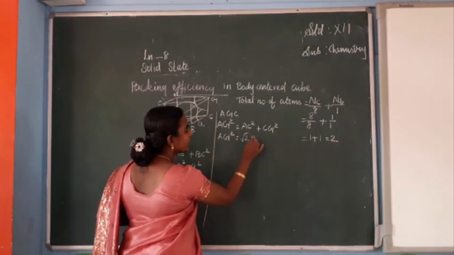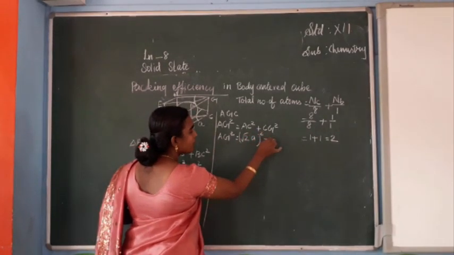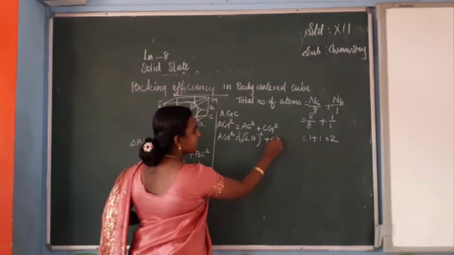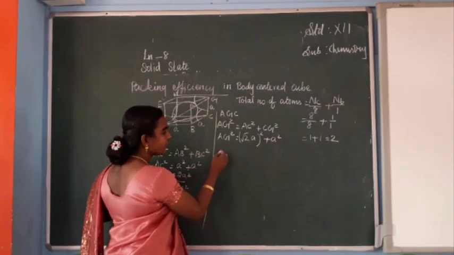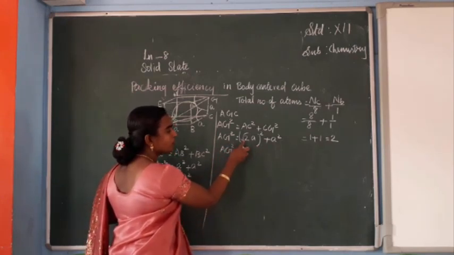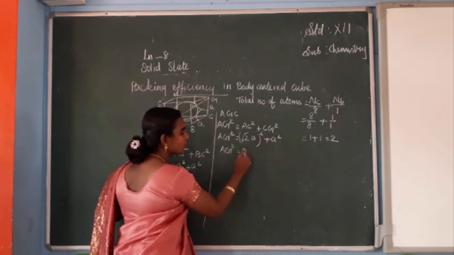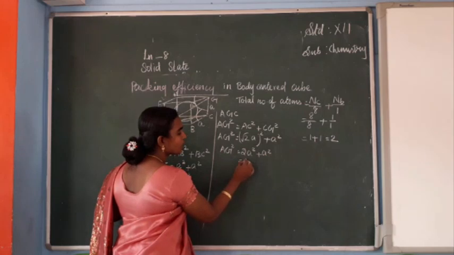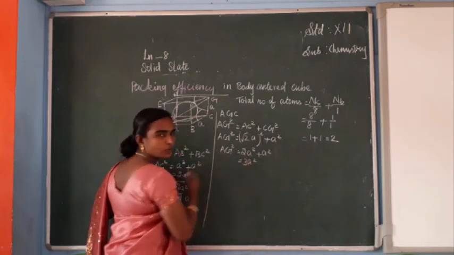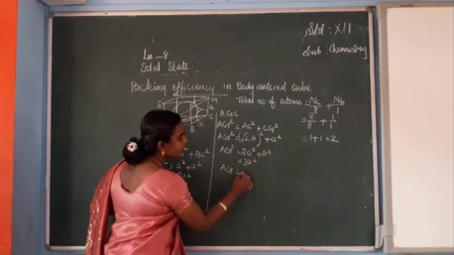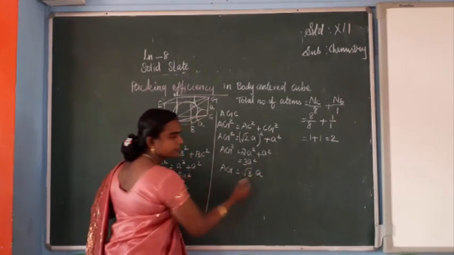So root 2 a the whole square plus the CG value, one of the edge length, that is a square. So AG square is equal to 2a square plus a square, which is equal to 3a square. So next we have to find AG. AG is equal to root 3 a.